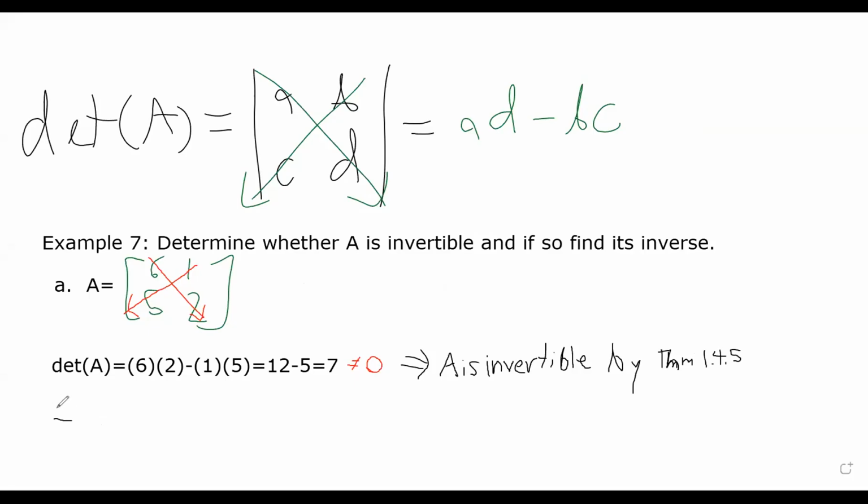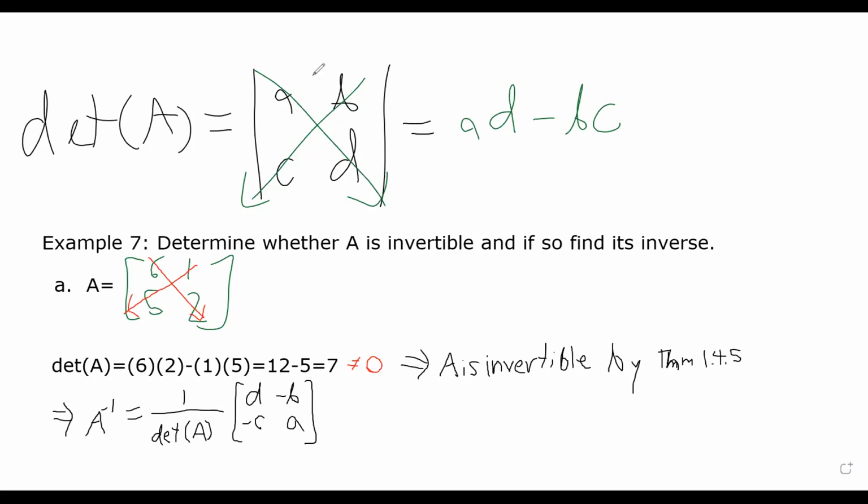That implies A inverse is equal to 1 over the determinant of A, which is ad minus bc, times the matrix with d here and a here, negative b here, and negative c here.